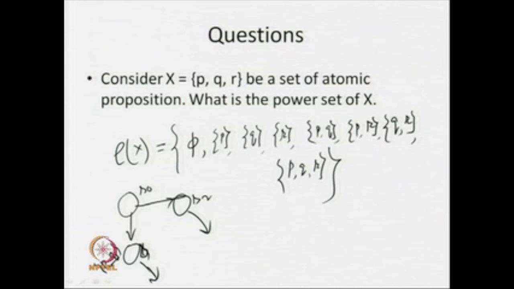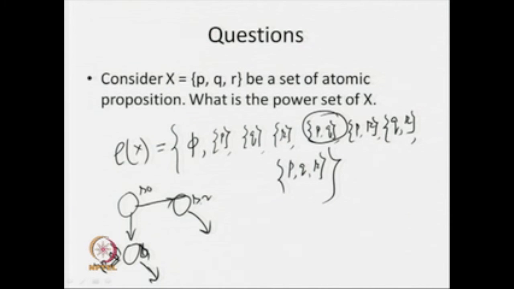So, p and q is a member of this particular power set. That means the states will be labeled by the members of the power set of our given atomic set. So, X is a set of atomic propositions p, q, r. These are the components of this power set, and the labeling function is going to pick up any member of this power set, because it says that these are the atomic propositions true in this particular state.